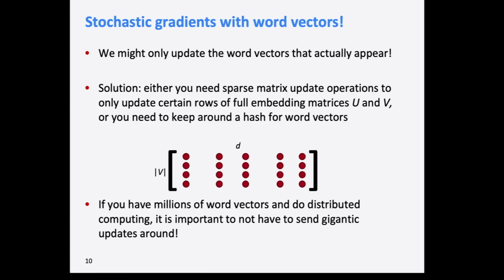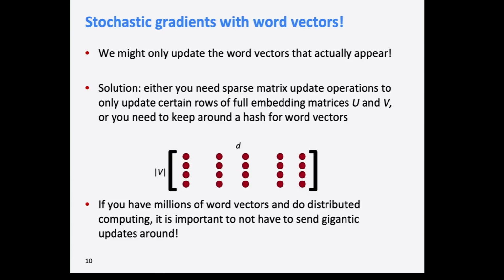Then the question is, can you actually have a sparse matrix update which only updates the certain rows of the matrix that contain the words that you've entered and do things much faster? And if you're doing something even cleverer, like doing distributed computation over multiple computers and sharing your parameters, then definitely you only want to update the word vectors that you've actually been getting a parameter estimate for.